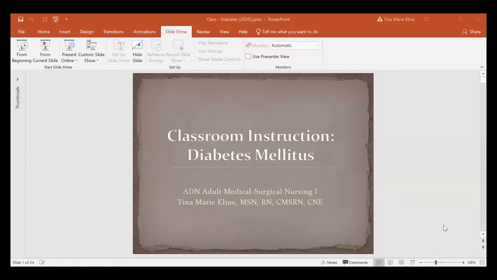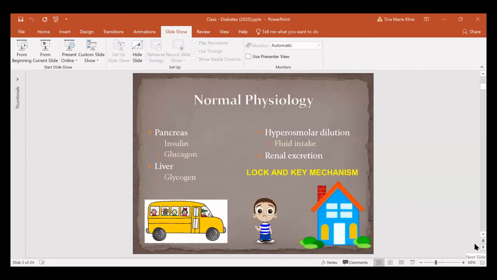This is actually just the PowerPoint from the class. I want to go ahead and hit the key pieces of this. First things first, it's really important to understand normal physiology and the purpose of insulin in relation to the glucose.